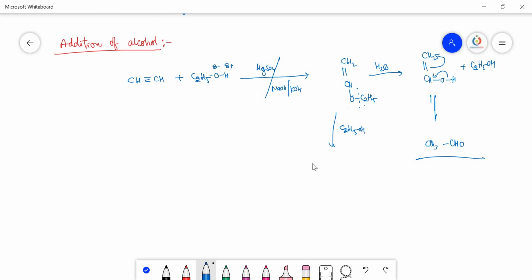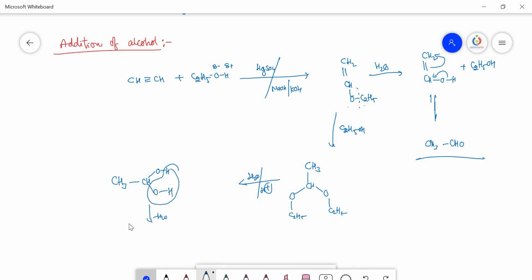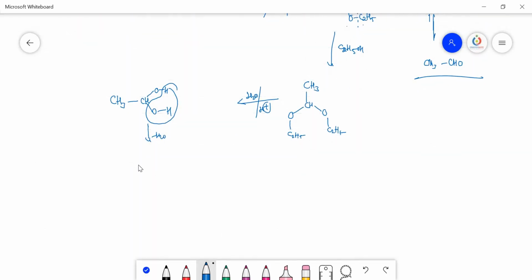Hydrogen here, ethoxy part over here, so CH3CH(OC2H5)(OC2H5). On acid hydrolysis with H plus, ethers are converted to the simple alcohol part, so we get CH3CH(OH)(OH). A carbon with 2 OH groups is unstable, loses one water molecule, and finally produces again CH3CHO, acetaldehyde.